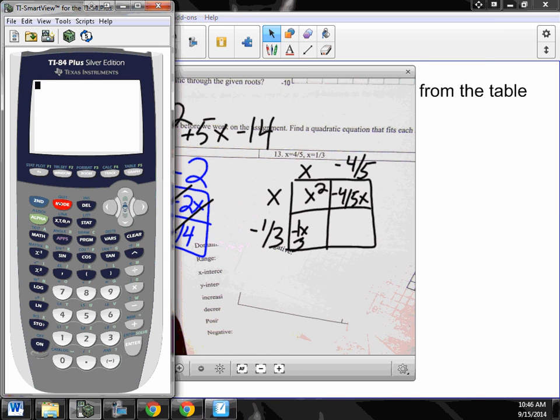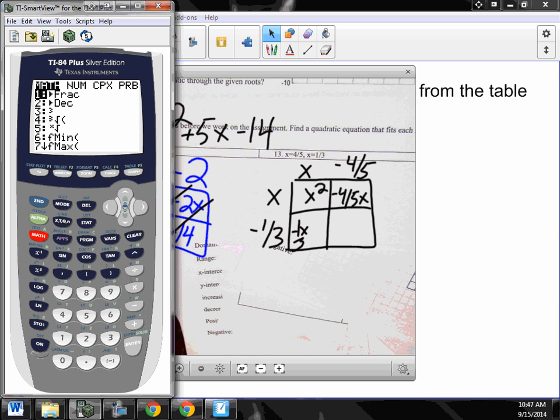So if you don't know how to do that, just type it in your calculator. These calculators do not have a fraction button. You just use the divide button. So negative 4 divide 5 times negative 1 divide 3. When you push enter, it's going to give you a decimal. We don't want the decimal, we want the fraction. So push math.